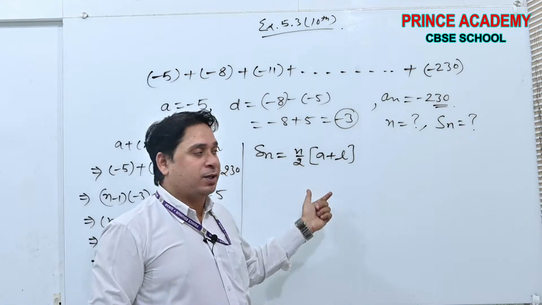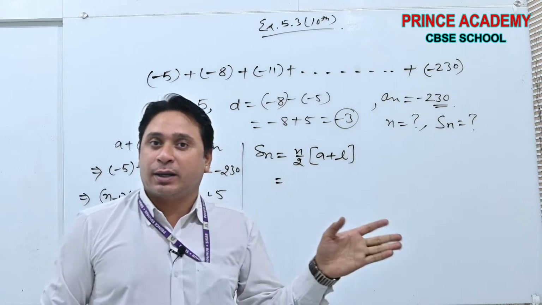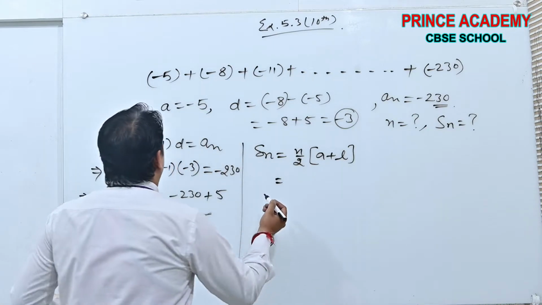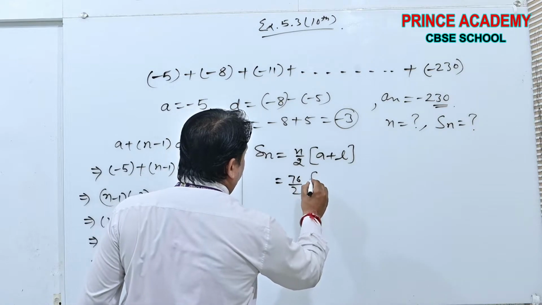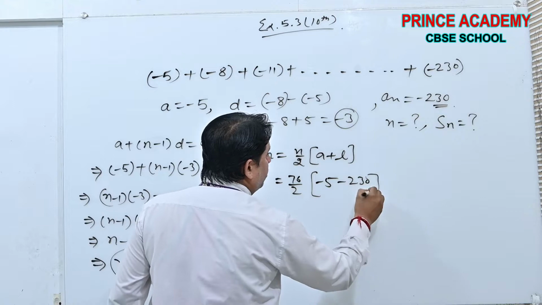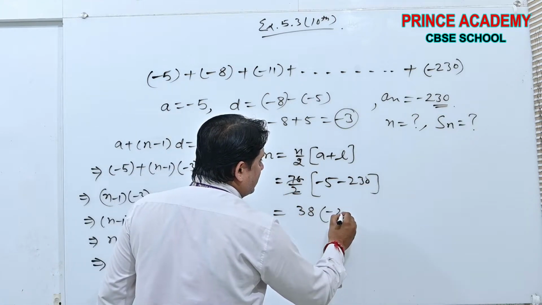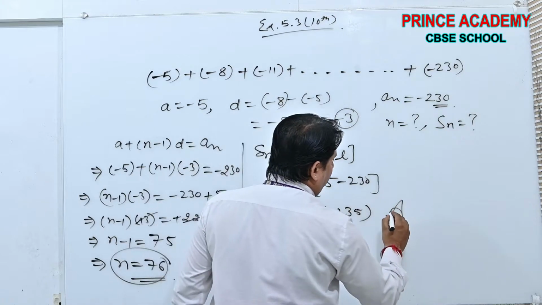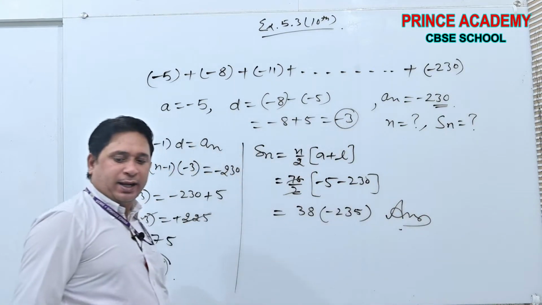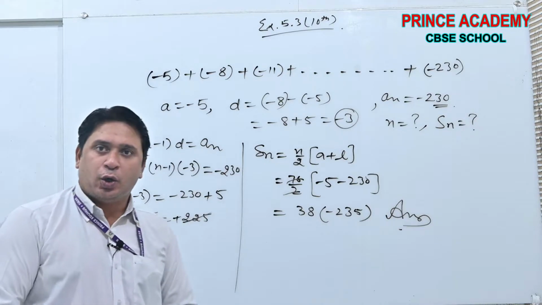Use accordingly. 76 by 2. What is a? Minus 5. What is l? Minus 230. Yes or no? 76 by 2 is 38, into minus 235. Solve it and you will get the result. Done beta? You can take the screenshot.